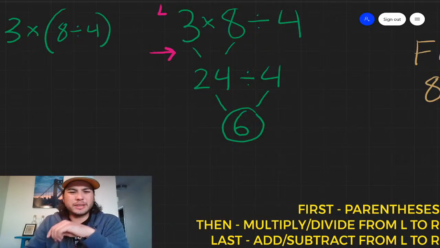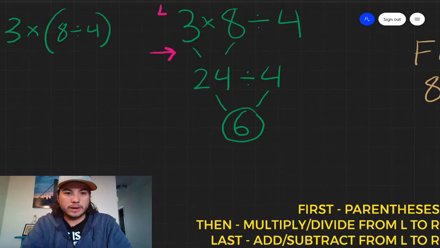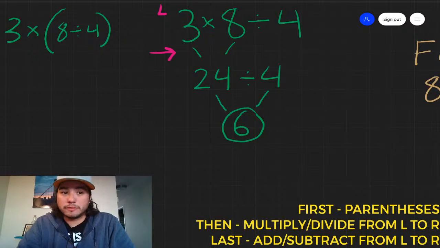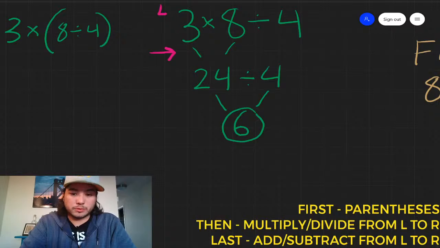I'm going to try and get away from using the word answer, right? Does it change the most simple form once you've done all the operations you can do? So this time, do the 8 divided by 4 first, and then multiply that result by 3.